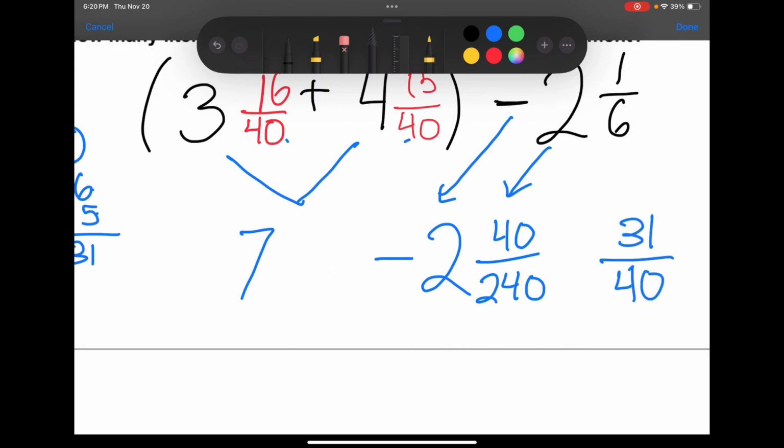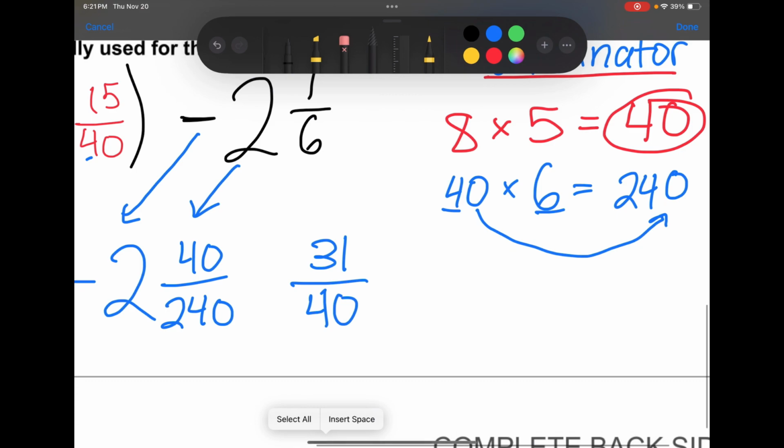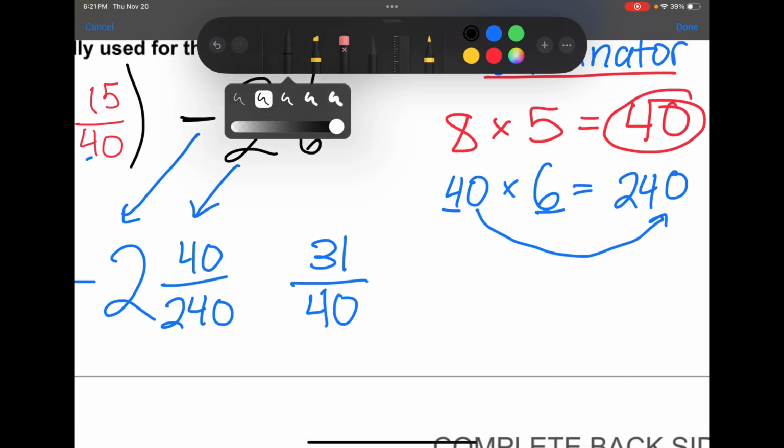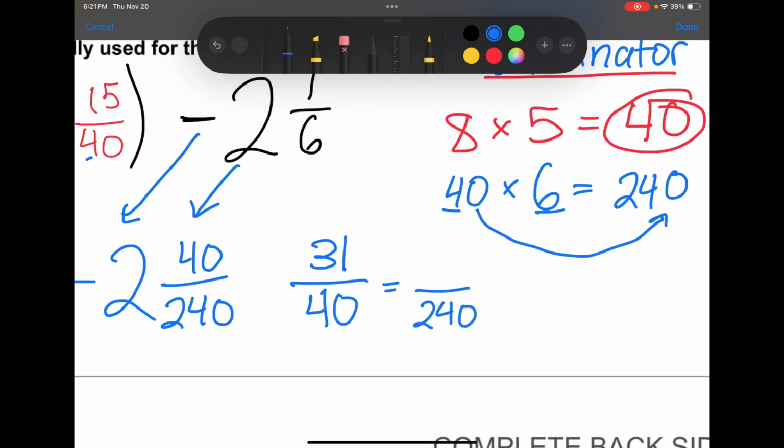But this fraction is still the same. We actually have to change this guy. So if we want to change this fraction so that the denominator is 240, what did I have to multiply 40 by to get to 240? I had to multiply it by 6. And whatever we do at the bottom, we do at the top.